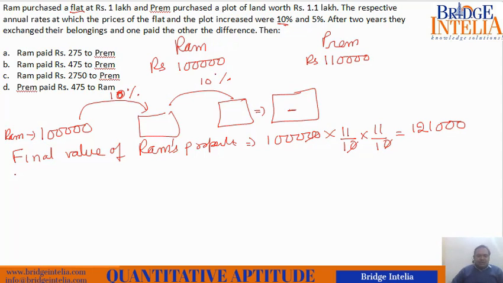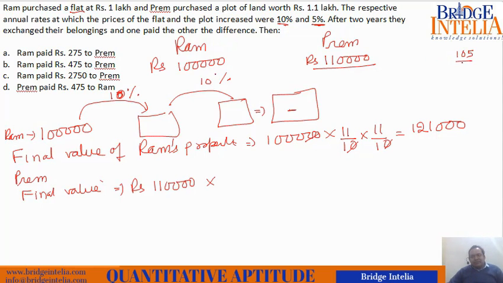Similarly, for Prem, the final value, it is increasing at a rate of 5%. His initial value is this much, rupees 1 lakh 10,000, increasing at a rate of 5%. That means you have to multiply with 105 by 100. So this is equal to 21 by 20.